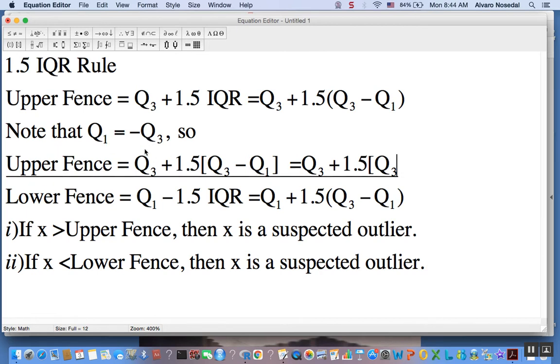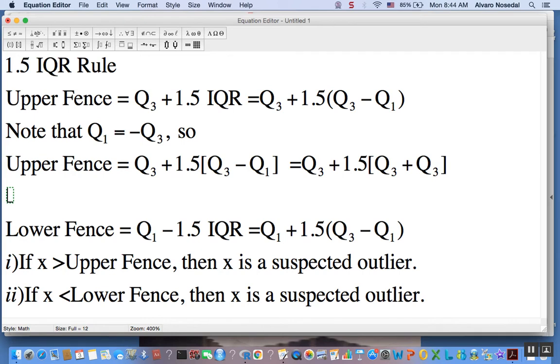Because we know that Q1 is minus Q3. So we have Q3 plus 1.5 times 2 times Q3, that's just Q3 plus 3 times Q3.